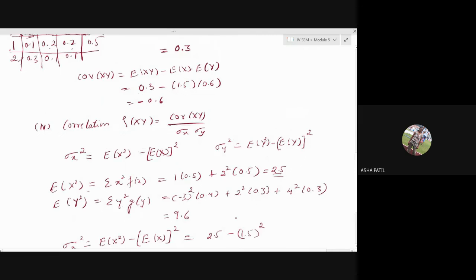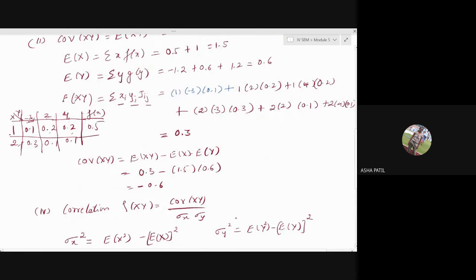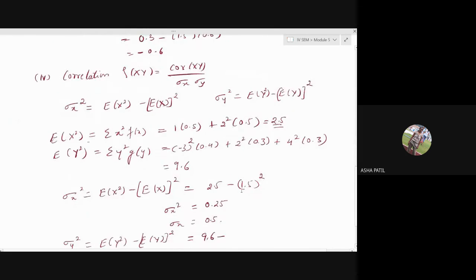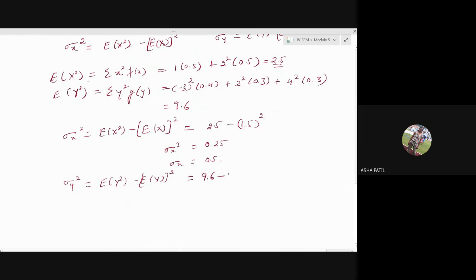Expectation of y is 0.6, and its square is 0.36. 9.6 minus 0.36 is 9.24. Now we have got sigma y square.